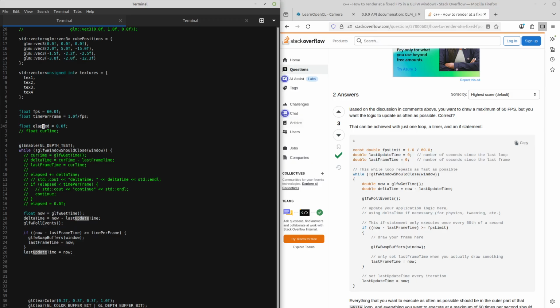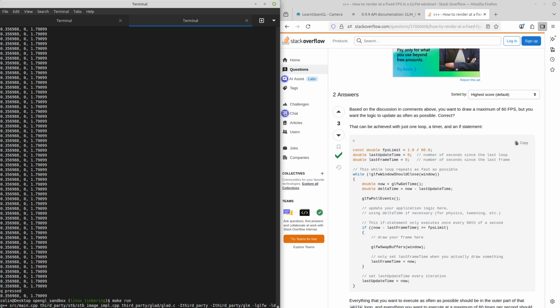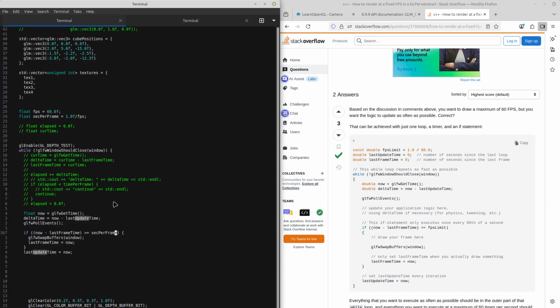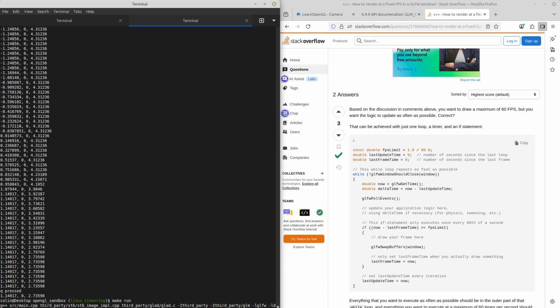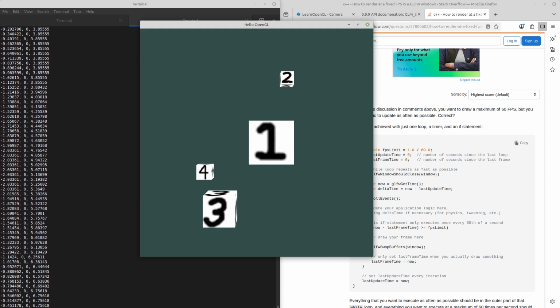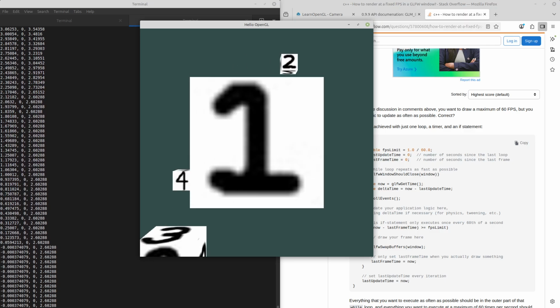So we don't need elapsed. Okay, that's not even changing the frame rate though.